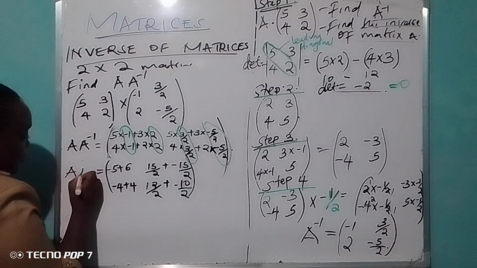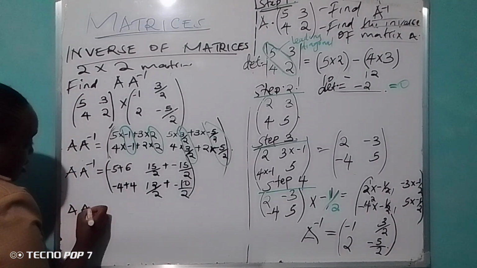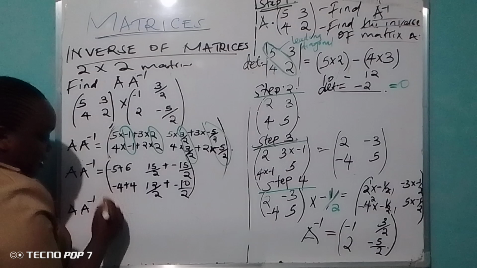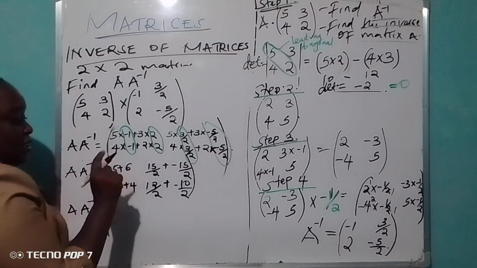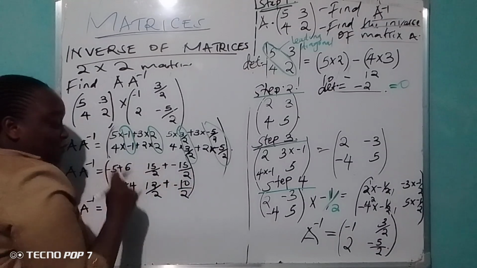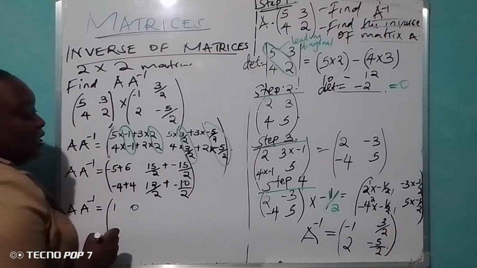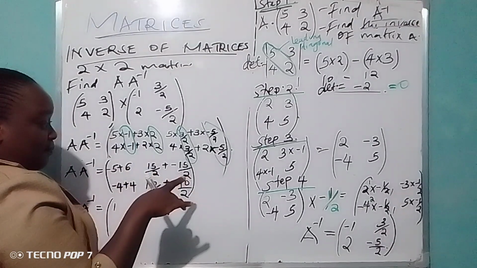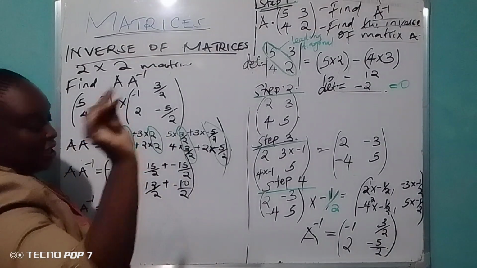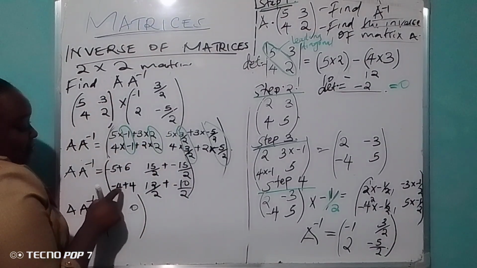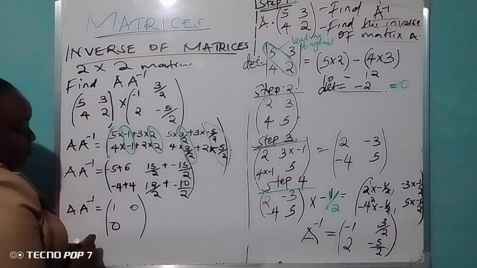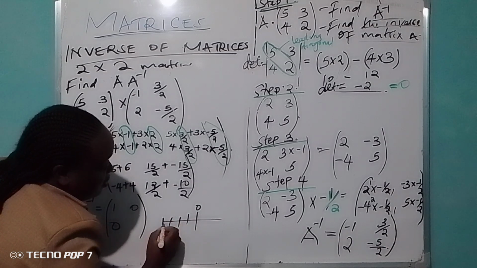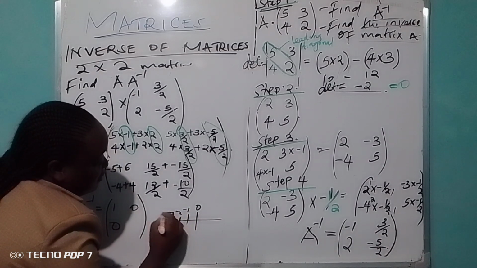So it will come out as A times A inverse is equal to -5 plus 6 which is 1, right? 15 over 2 plus -15 over 2 is 0, right? We had written here, by the way, a positive times a negative is equal to a negative. -4 plus 4 is 0. Do we remember that? Here it is 0, here it is negative: -1, -2, -3, -4.